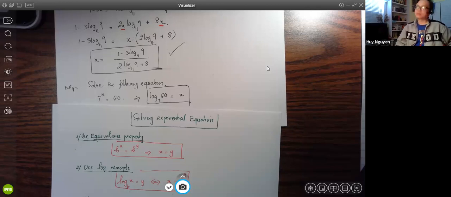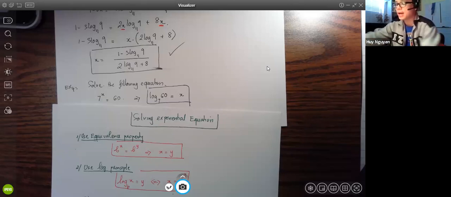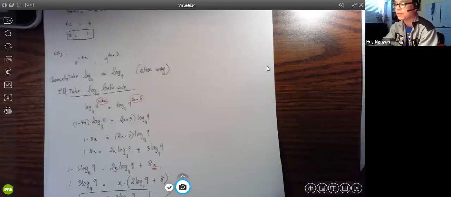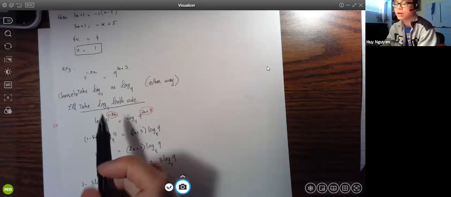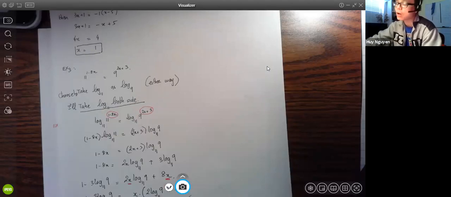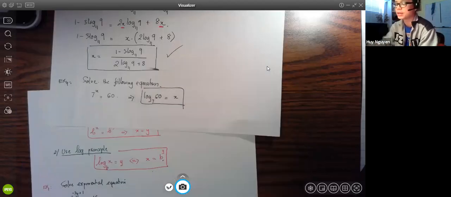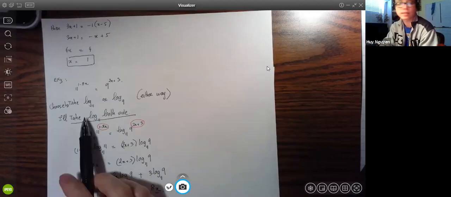Even though you never learned log equations, when you take log both sides, you can apply the log property. So I recommend that every time you have different bases, you just take log both sides, and you can take log of any base you want. Over here, I take log base 11, take log base 9.